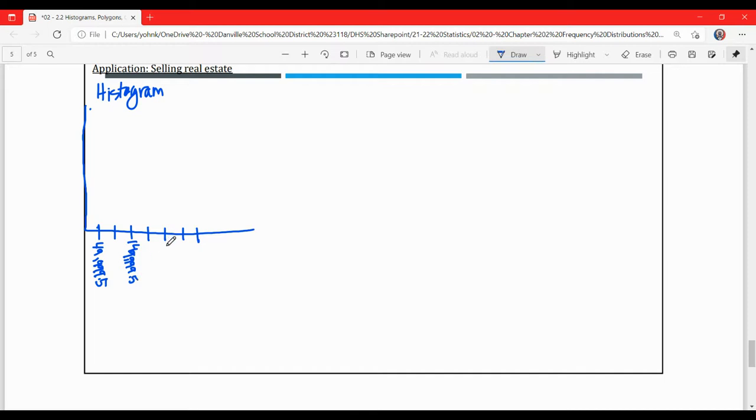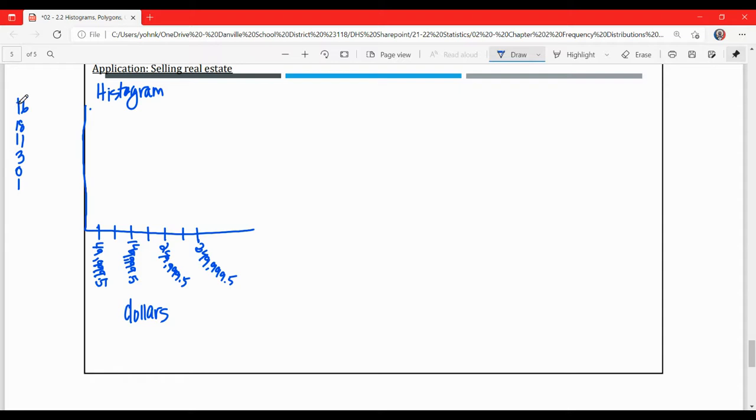Then the totals from the previous slide, I'll just put them over here. It was 16, 18, 11, 3, 0, and 1. These are dollars along the bottom.